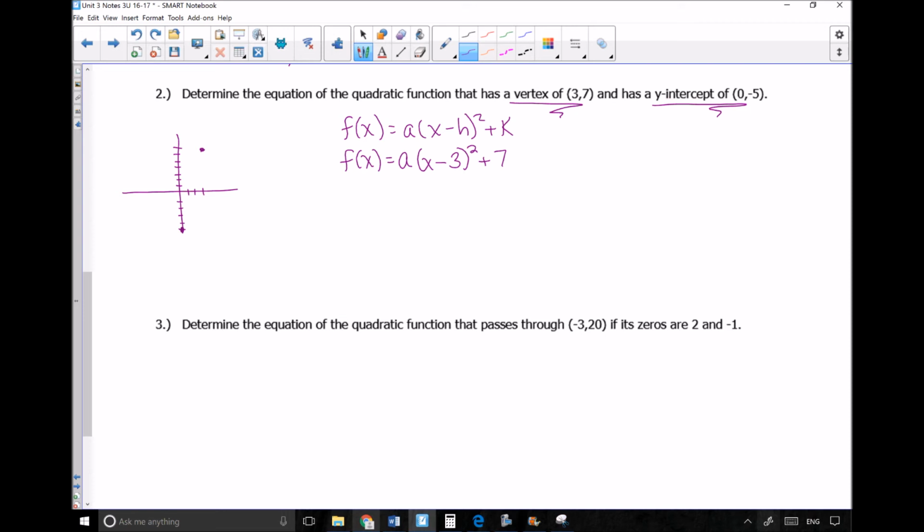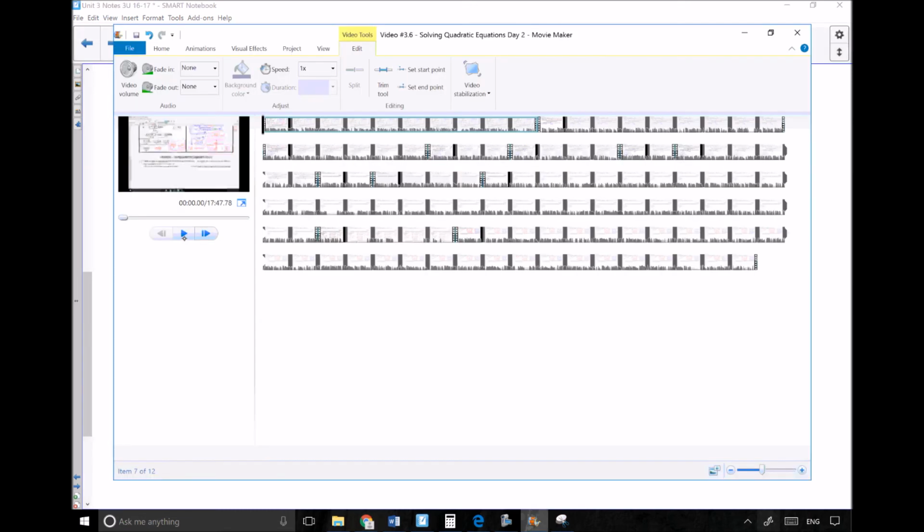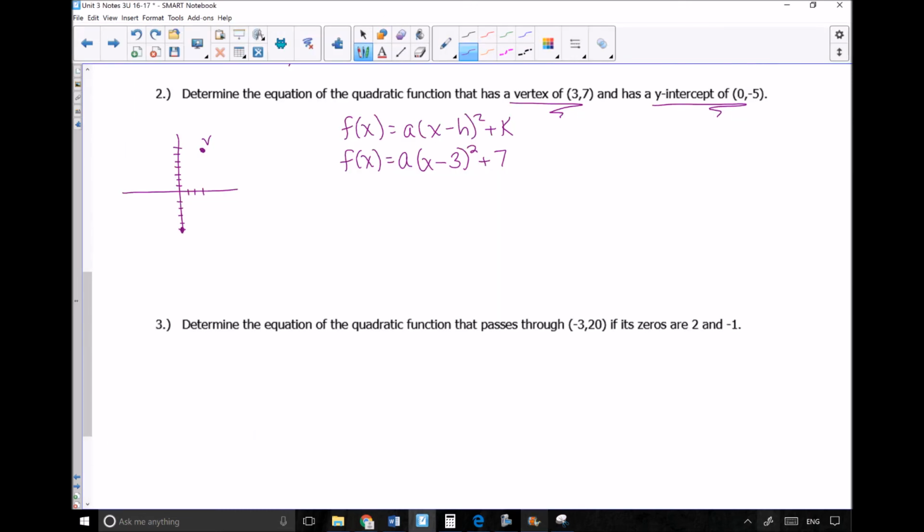So this right here is going to be a point, and then we know that this is our vertex right here. Well, our vertex is either our minimum or our maximum, and since our y-intercept is lower than our vertex, then our vertex has to be a maximum. So right here, we know our graph is going to look something like this. Therefore, our a value should end up being negative, okay?